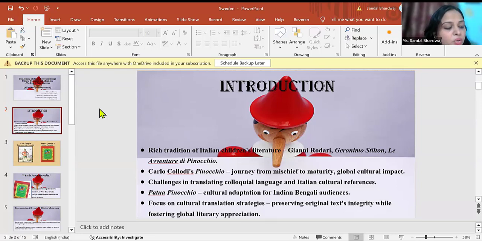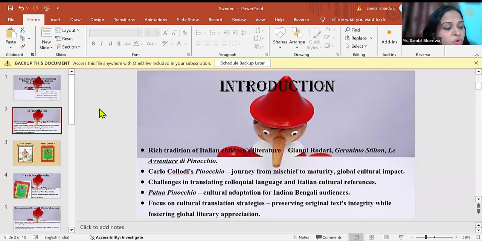It was penned by Carlo Collodi in the 19th century, and it tells the story of Pinocchio, a wooden puppet crafted by the carpenter Geppetto. The tale exemplifies the magic of Italian children's literature, as Pinocchio's journey from mischief to maturity has become a global cultural cornerstone, thanks to the art of translation.